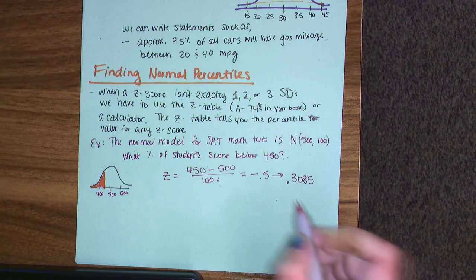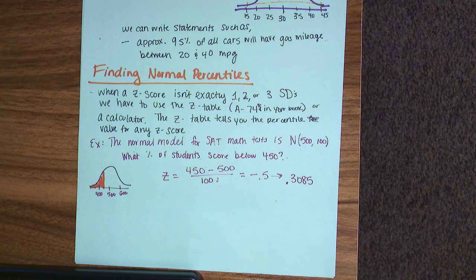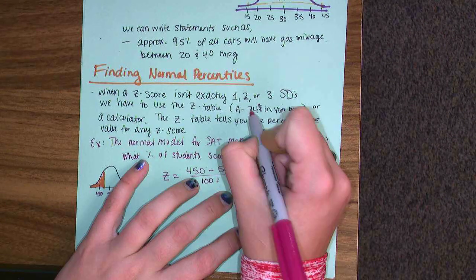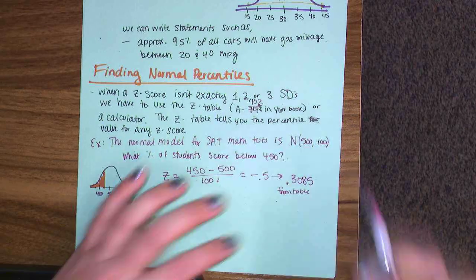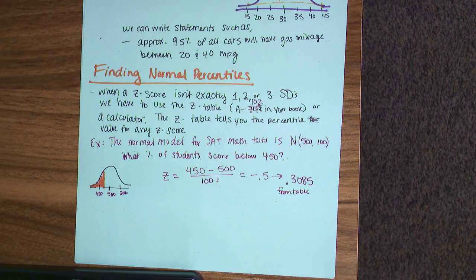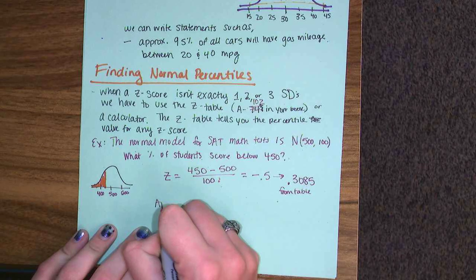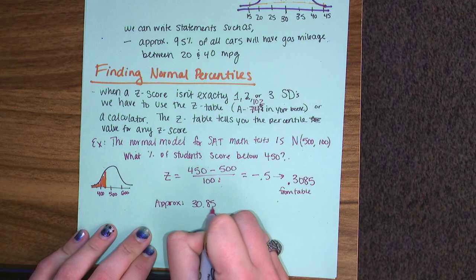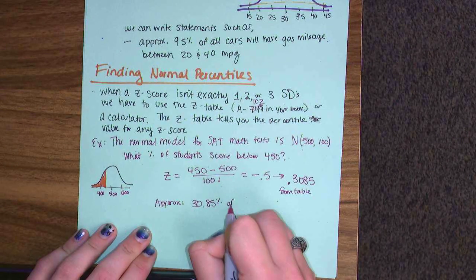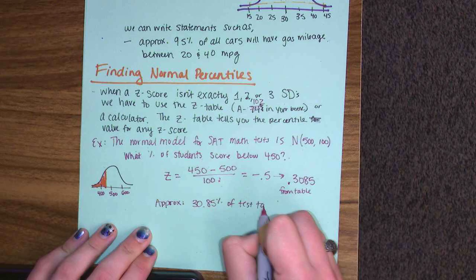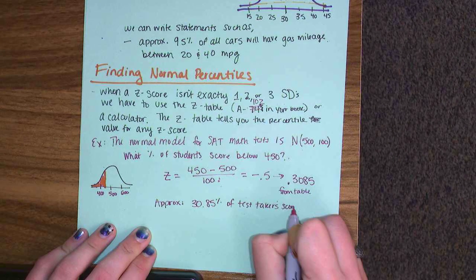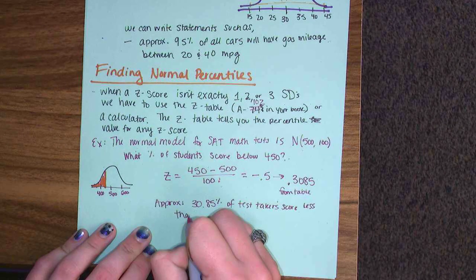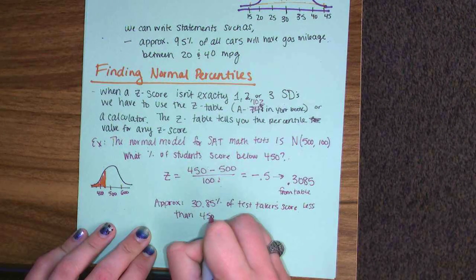So it's 0.3085 from the table, which means that approximately 30.85% of test takers score less than 450 on the test.